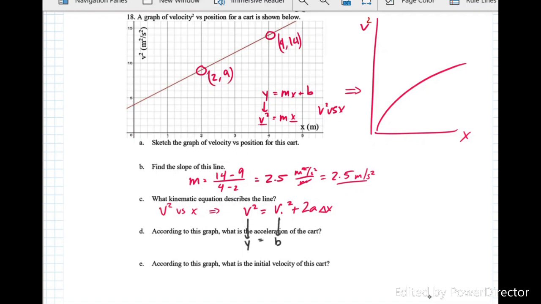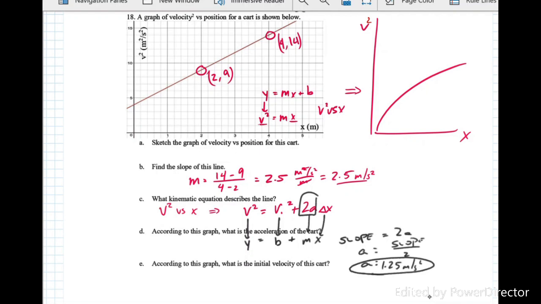V initial squared is my y-intercept. 2a is my slope, and x is my x value. So that tells me that the slope here is equal to 2a, that my acceleration is the slope divided by 2. So my acceleration is going to be 2.5 meters per second divided by 2, 1.25 meters per second squared.